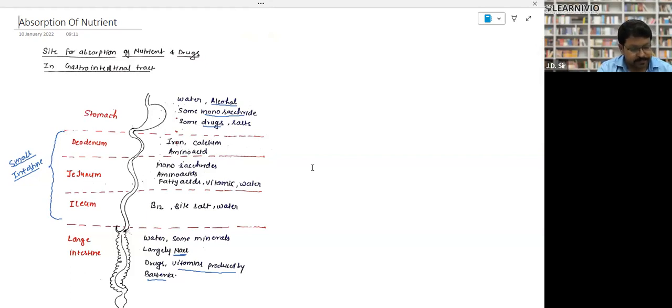Next point. Glucose and galactose are absorbed by active transport.